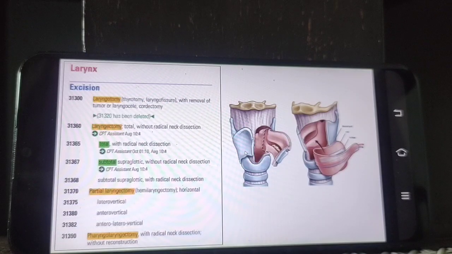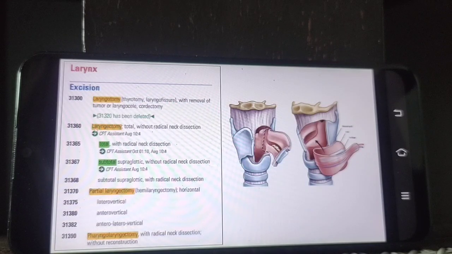Horizontal, vertical, anterior vertical, laterovertical, anterior lateral: these terms mention the cutting position.